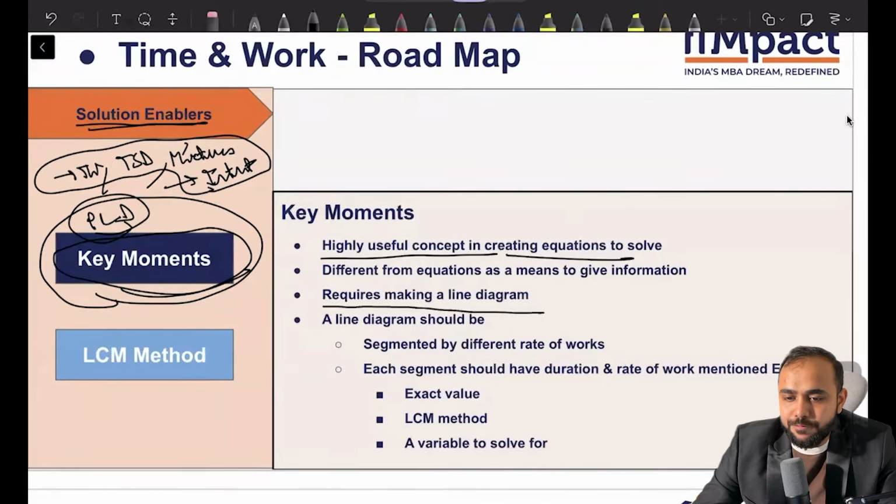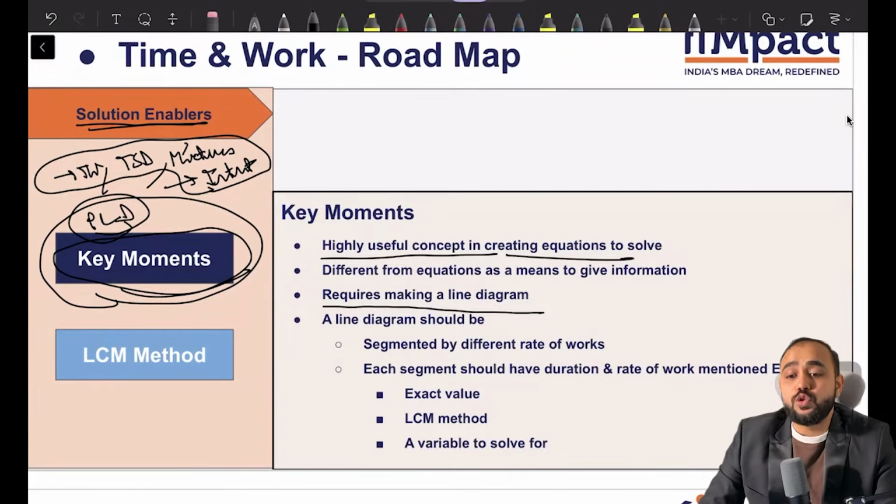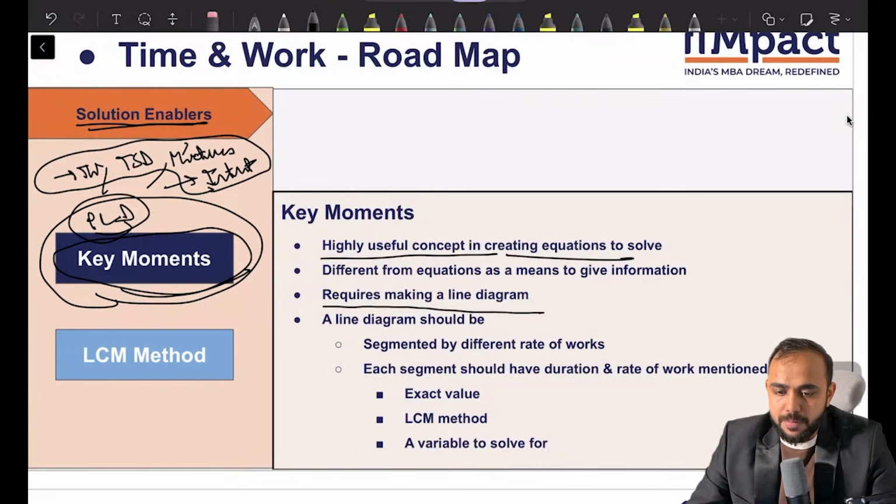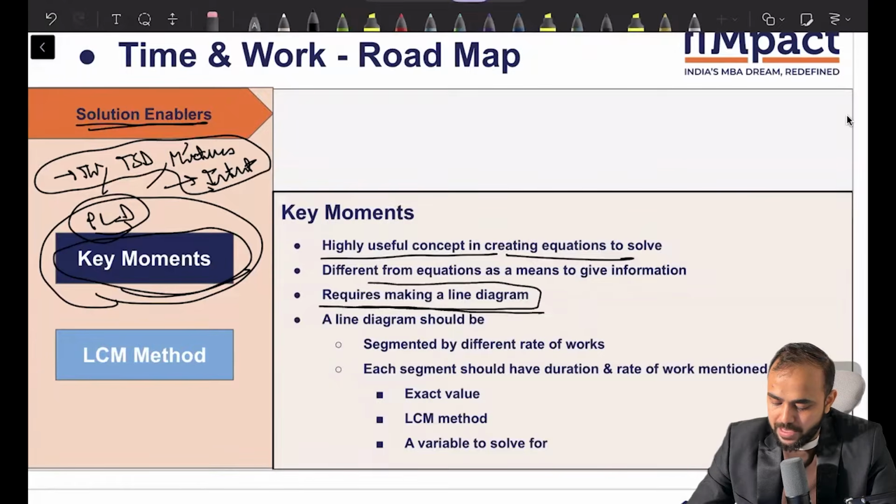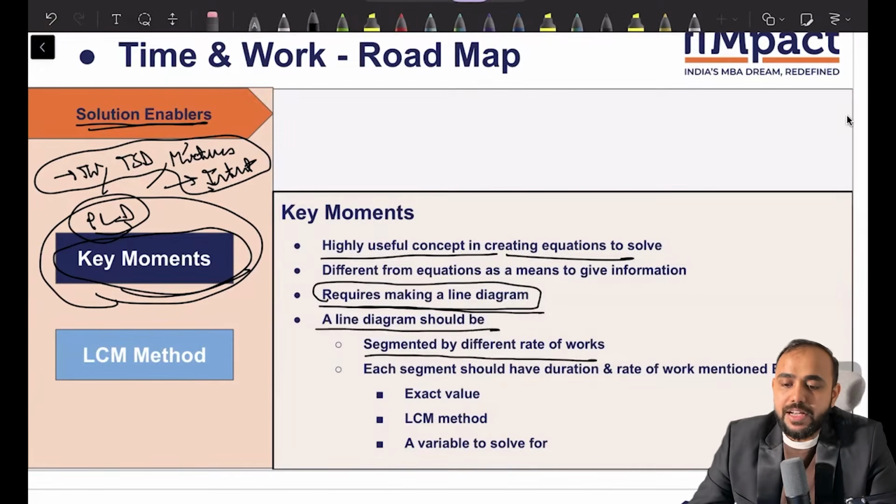Now, with time, and I'm sure a lot of you are already at a situation where you don't feel the need to make the diagram, but if you are even a tiny bit confused or the problem looks to have a lot of information, making a quick small diagram is always going to be very helpful. This diagram that we are talking about should include segments divided by different rates of work.